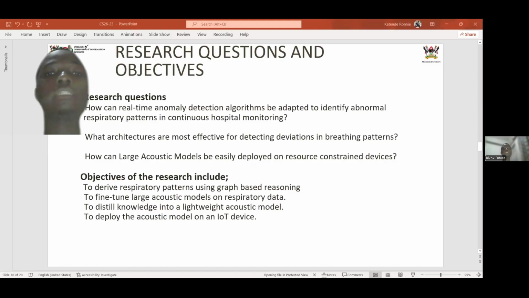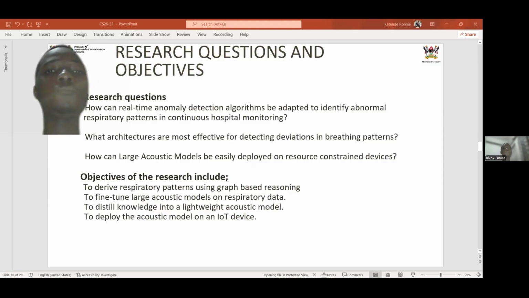In real hospital settings, respiratory conditions can change rapidly. Patients may transition from normal breathing to whistling, crackling, or shallow breathing depending on their conditions. Therefore, an effective model must be able to process audio streams in real time, detect sudden anomalies such as those crackles and whistles, and work continuously and reliably.